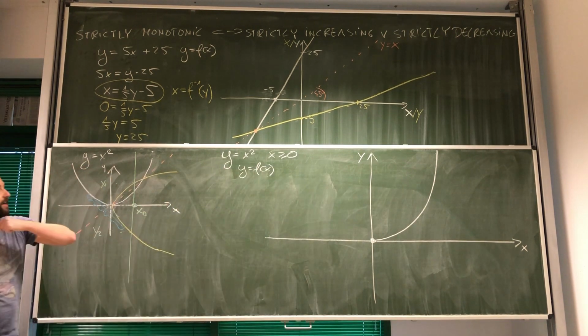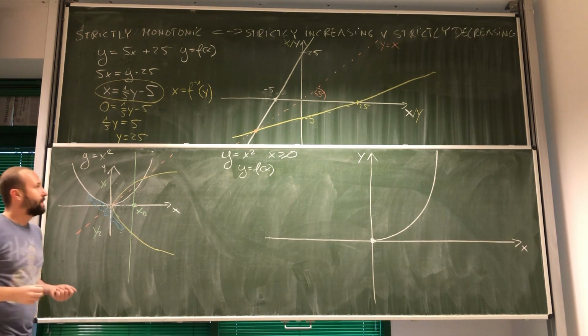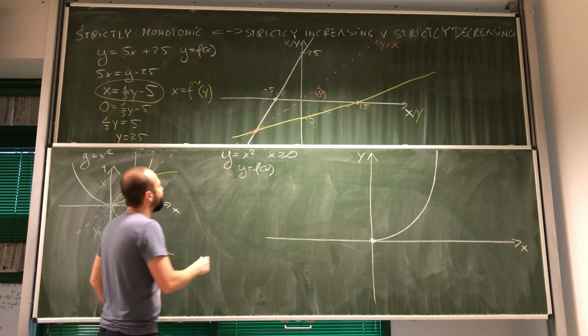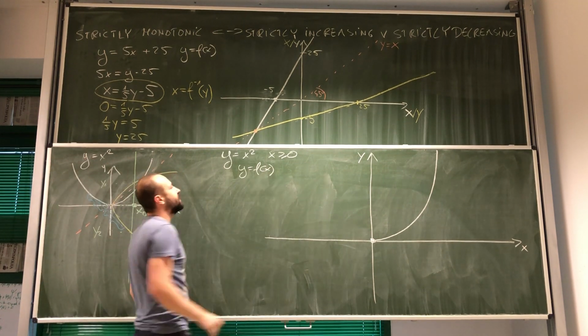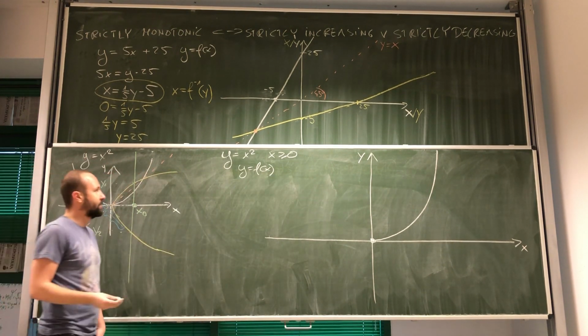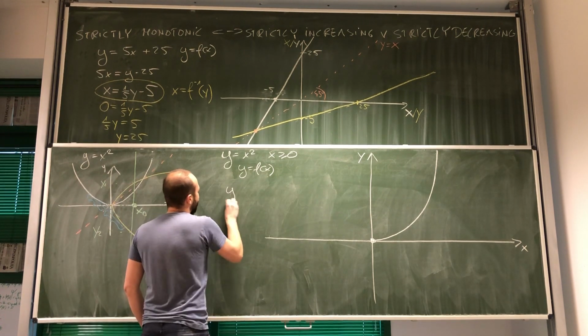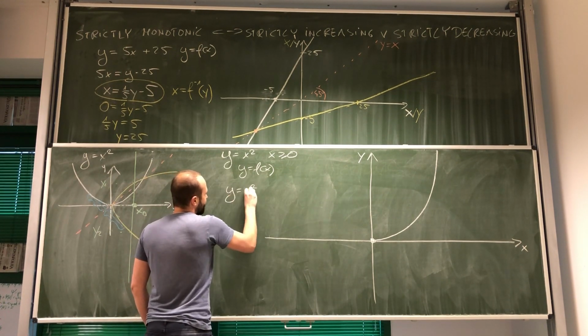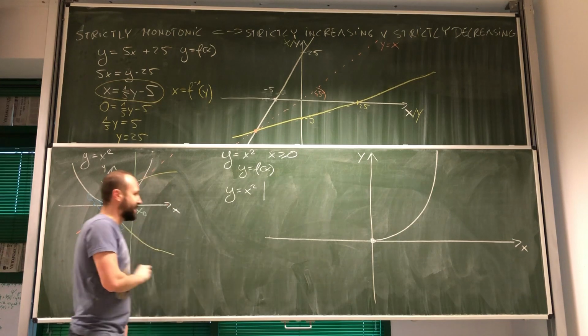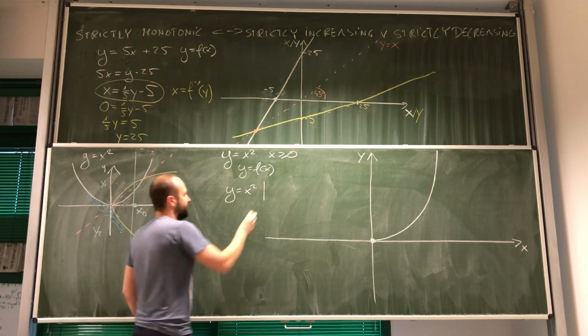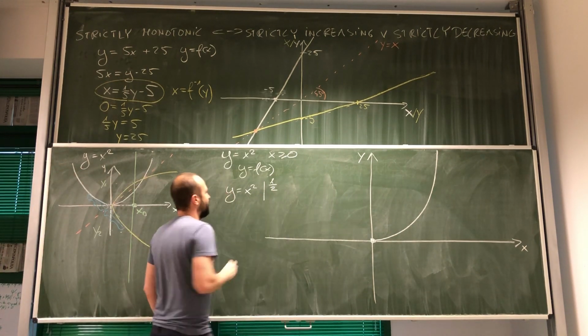Now, let's find x equals f to the power -1 of y. Again, this is not very complicated because we restricted x's to positive values. So what I can do in this case is simply take both sides of this equation to the power 1 over 2.